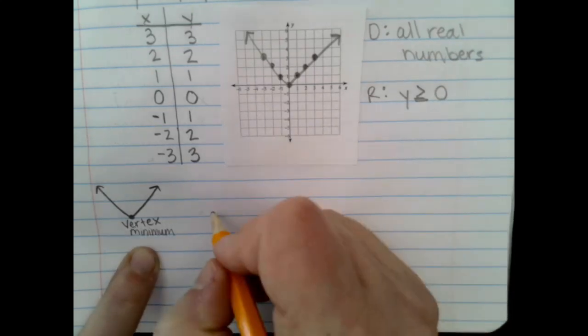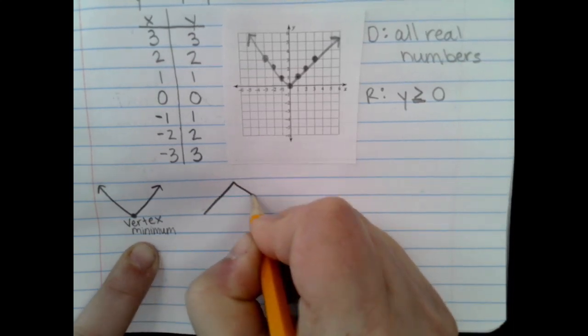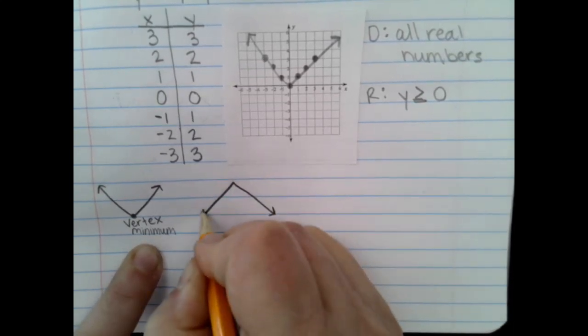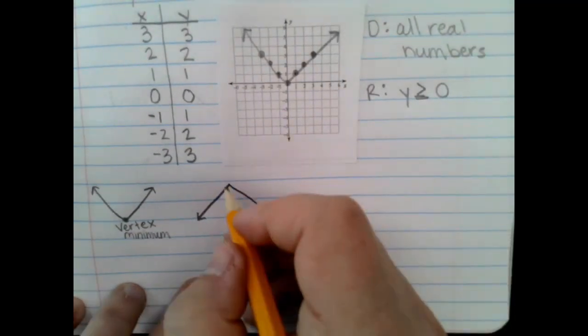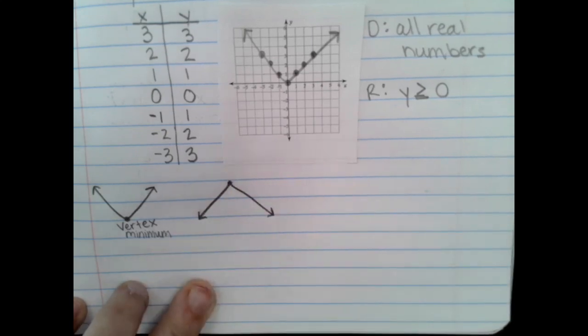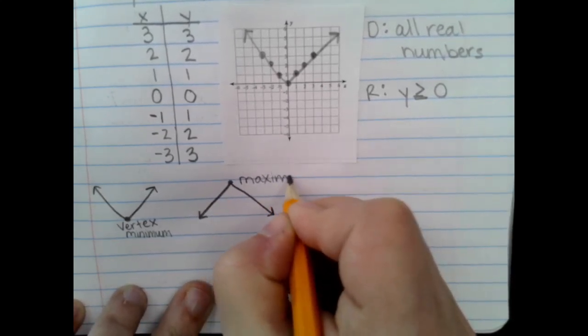So an absolute value graph can also go the other way. It can kind of be an upside down V or like a mountain. And in that case, what kind of vertex do we have? Maximum. Good, a maximum. Still a vertex, but it's our maximum.